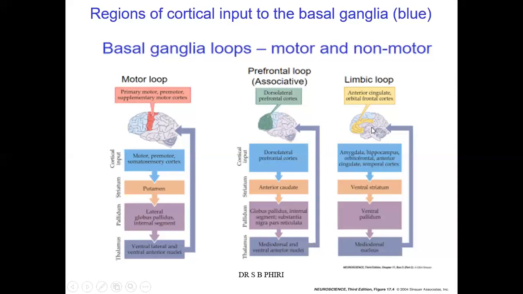So you can see from the amygdala, the hippocampus, the orbitofrontal, the anterior cingulate, and the temporal cortex, these are projecting to the ventral striatum. The ventral striatum is composed mainly of the nucleus accumbens and the olfactory tubercle, which is involved in emotion and other things. Those will project to the ventral pallidum. From the ventral pallidum, it will project to the medial dorsal nucleus of the thalamus, which will later on project to the cortex.